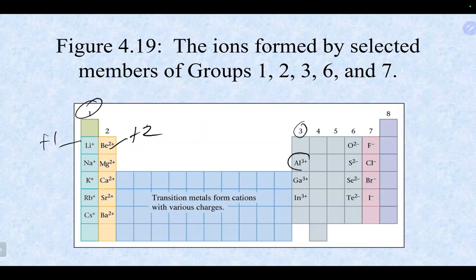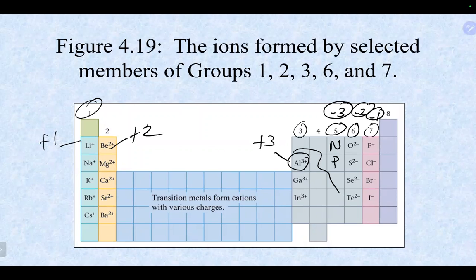Everybody in group 3, for the most part, that's aluminum, will form a +3 charge when it does. This is sort of where the staircase kind of comes through. So we skip 4, we go to 5, and that's where we have like our nitrogen and phosphorus. These guys will form a -3 charge. As you can see there in group 6, -2, group 7, -1.